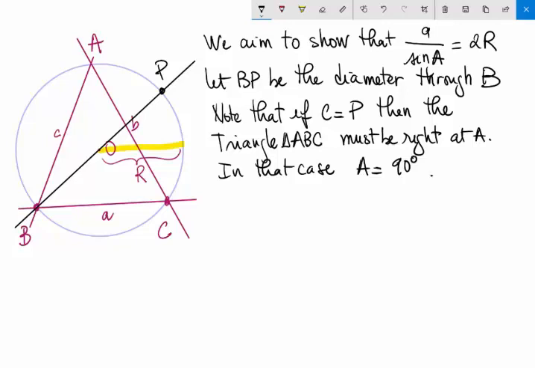So to prove this claim, we will break our proof into 3 cases.